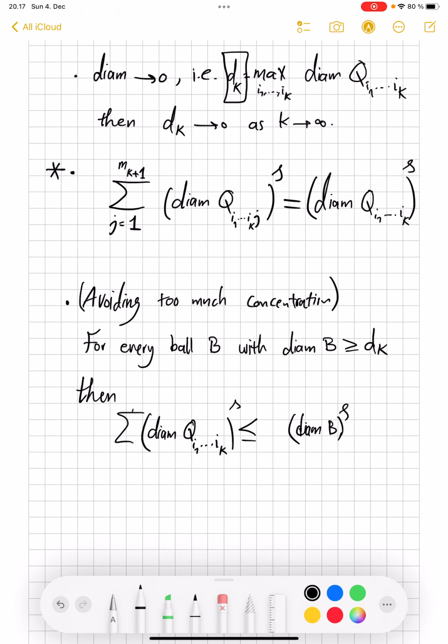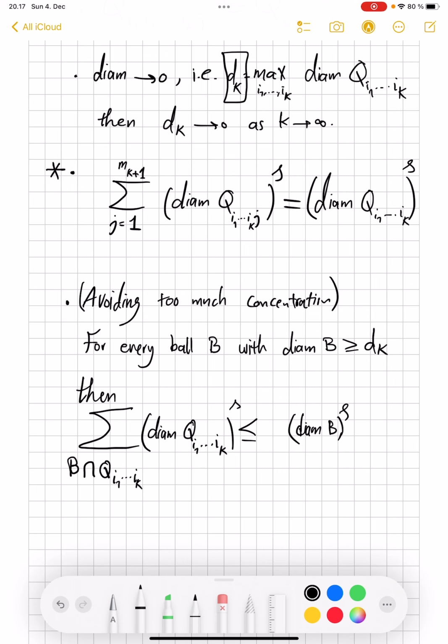Of course, this cannot be true because this is all the level k cubes and this is kind of comparable to only one of them. The reason this is going to be true is that we only add this over those cubes which have non-empty intersection with this ball.